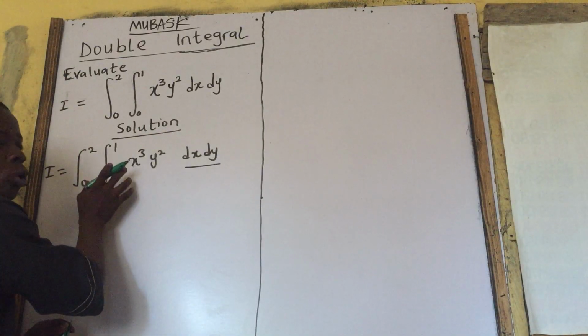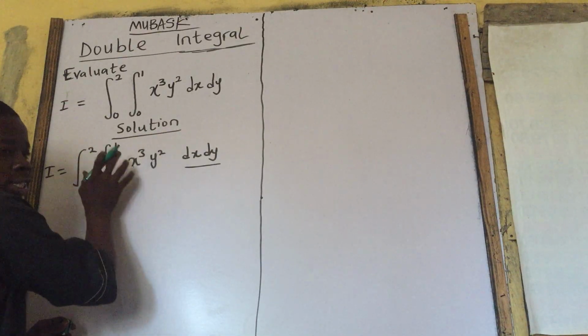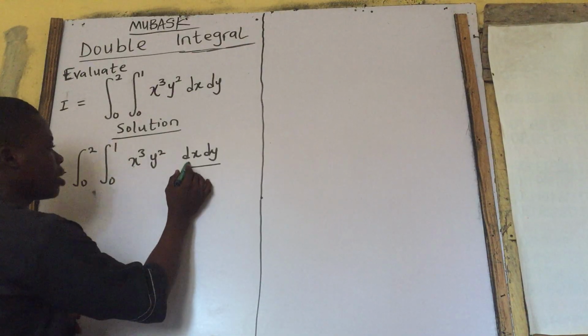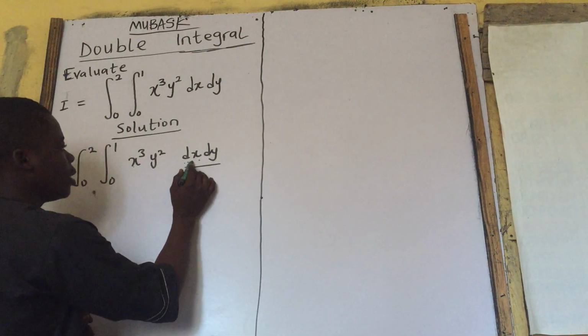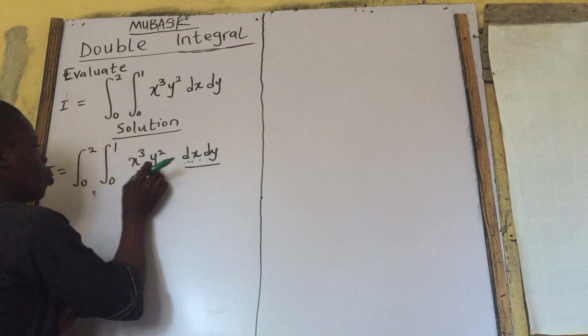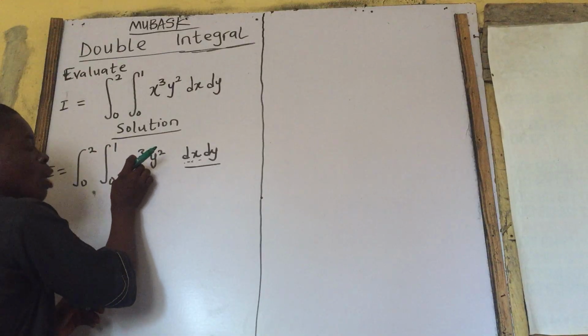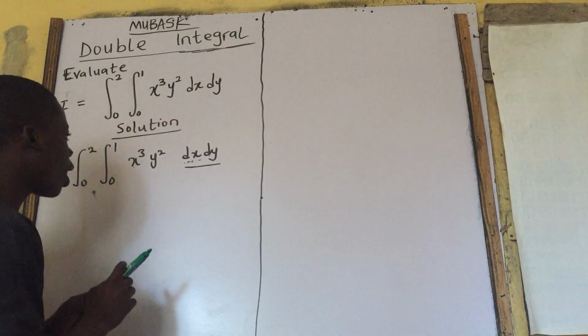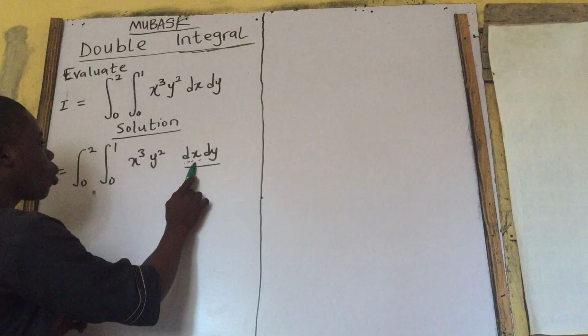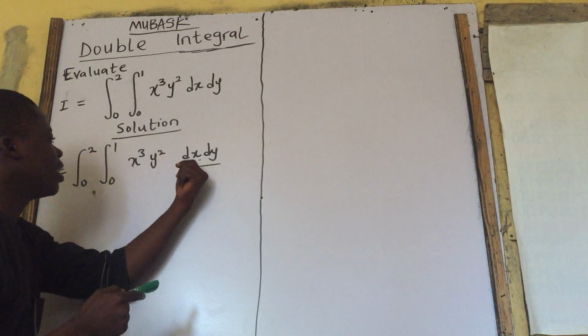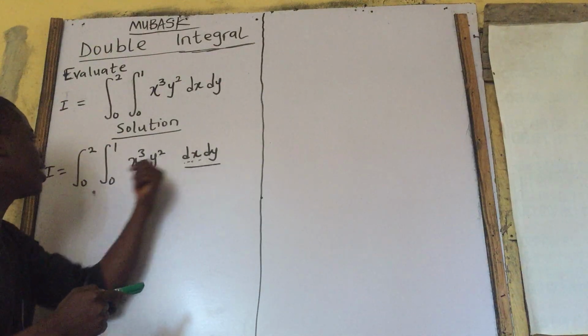You know how to integrate the first variable, which is x. That means we have to integrate the variable of x. Also, we look at the nearest integral to this dx. The nearest integral to this dx is what?